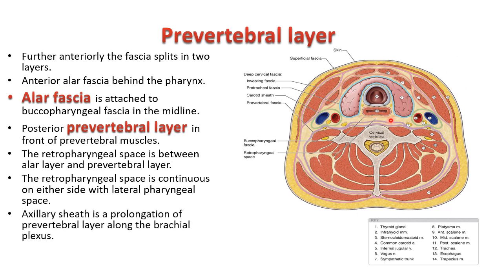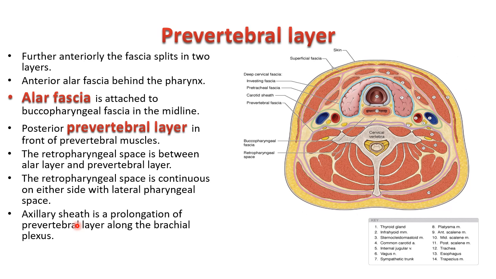Now here you are able to see, in between the scalenus medius and the posterior muscles, the trunks of the brachial plexus. So when these enter into the upper limb, they will carry along with them the covering or prolongation of these fascia, and that is called the axillary sheath.